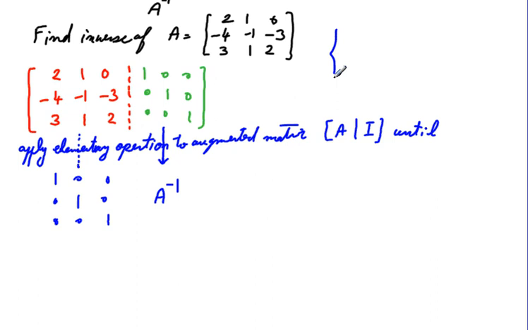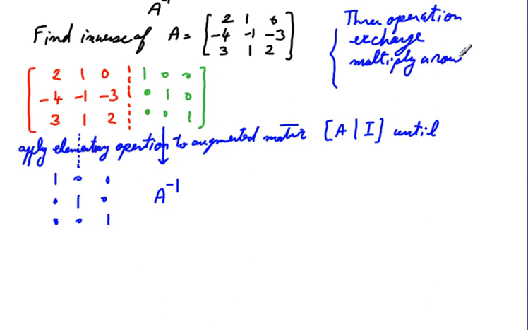Remember, we have 3 elementary operations: either the exchange, or multiply a row, or add a multiple of a row to another row. We use them to create this particular look.